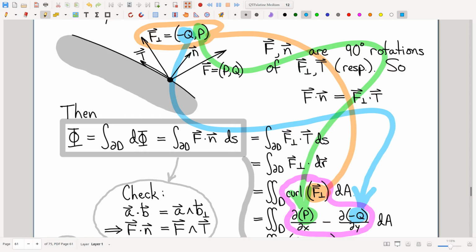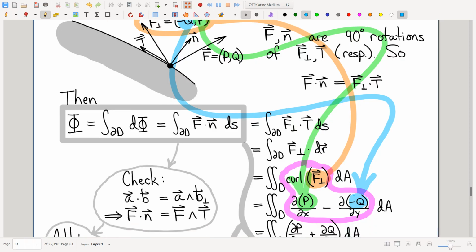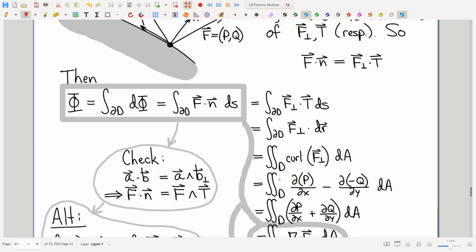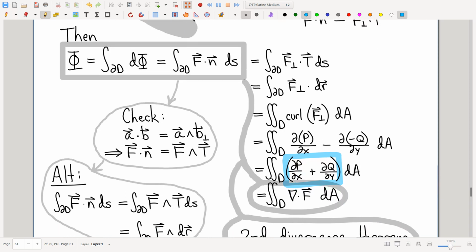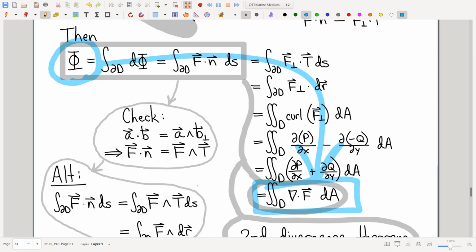Easy to get that wrong. And then you distribute the minus sign, and we end up with our integrand being that, which you may recognize, again, flashbacks to chapter 3, that is divergence. Okay, so a lot of details to be thought about, but nice punchline. Flux is a double integral of divergence.